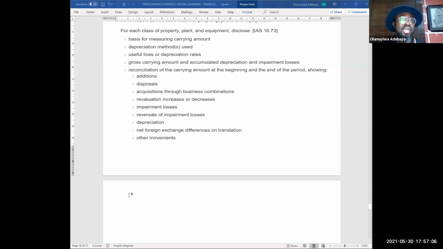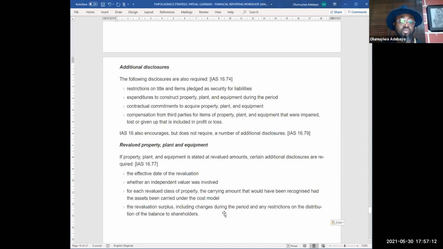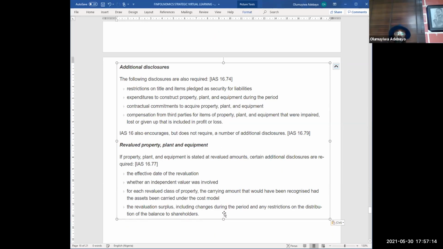In addition to that, what you disclose further is as follows. Additional disclosures. The following disclosures are required according to IAS 16, paragraph 74. 1. Restrictions on title and items pledged as security for liabilities. 2.